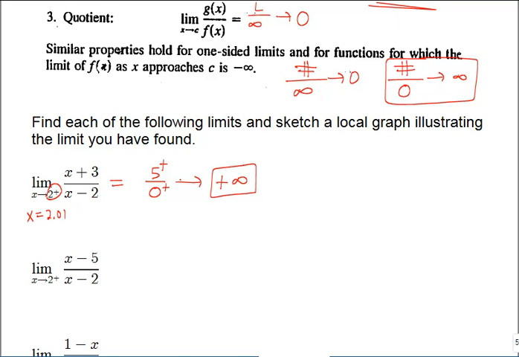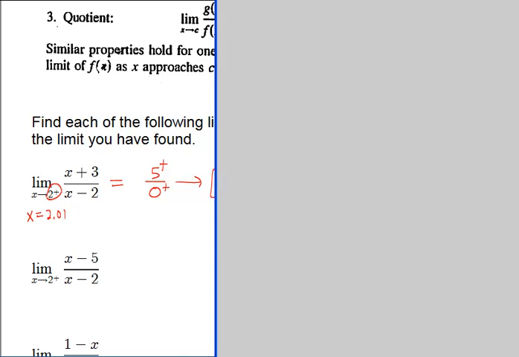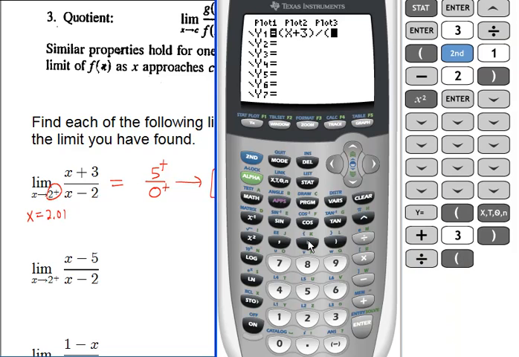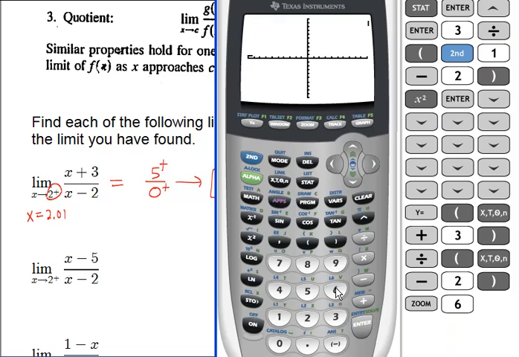Now, if you wanted to verify this, you could just pull up your calculator and look at a graph. If you go to y equals, you could type in x plus 3 on the top. Make sure you're using parentheses around that numerator, and then divide by parentheses x minus 2 on the bottom. Then I'm just going to do a standard window, so zoom standard, and we see that we have this asymptote showing up.